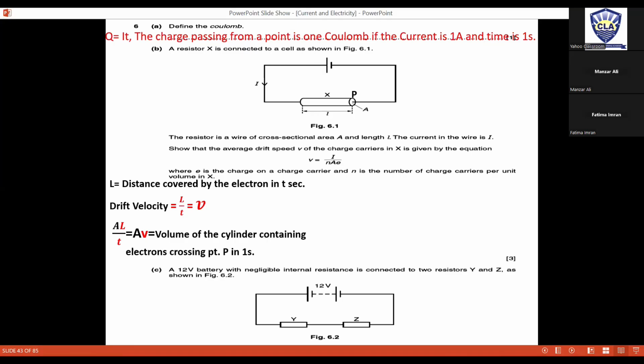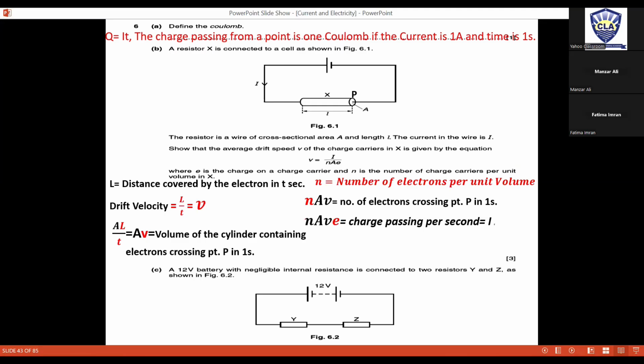AL over T is the volume divided by time. And from here, we multiply it with N, number of charge carriers. We get number of electrons crossing point P in T seconds. Multiply with charge of electron and you get charge passing per second. That is current. And from here, V is equal to I over NAE.